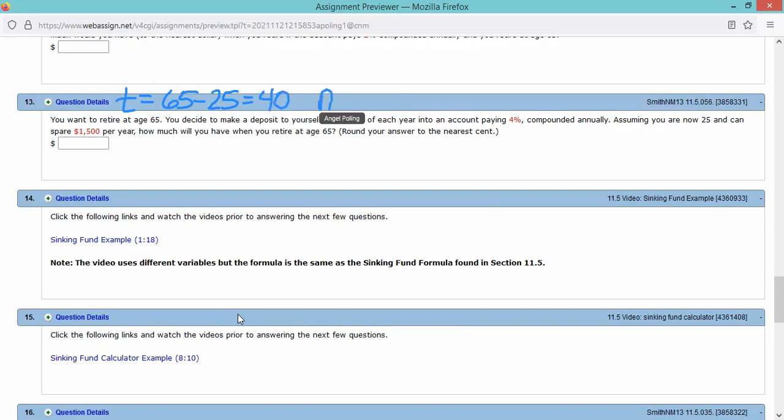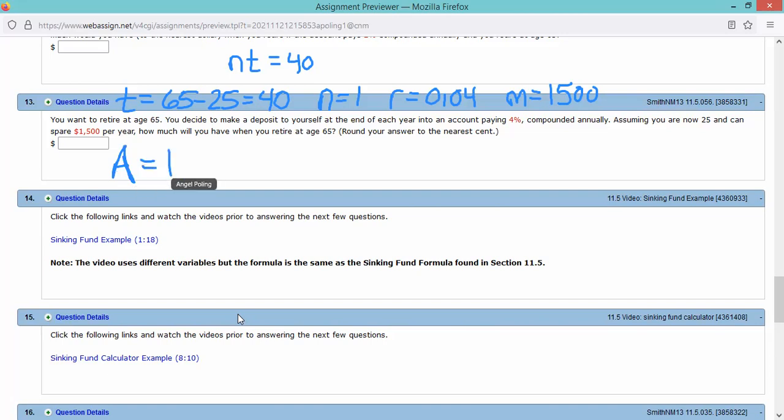We're told the frequency of these deposits is every year at a rate of 0.04, right? NT is just going to be 40, because 40 times 1 is 40. Let's see, M, the deposit, is 1,500. And then we go for the plug and chug, right?